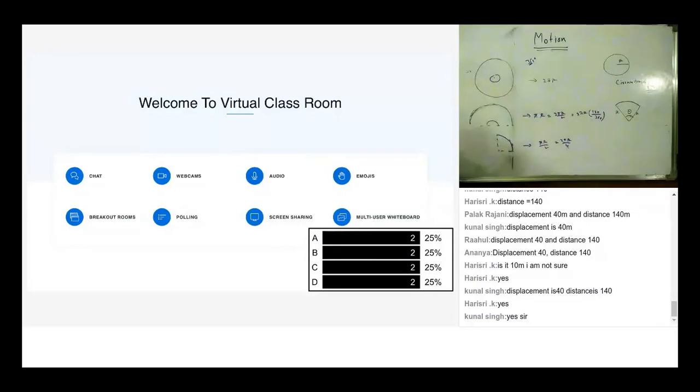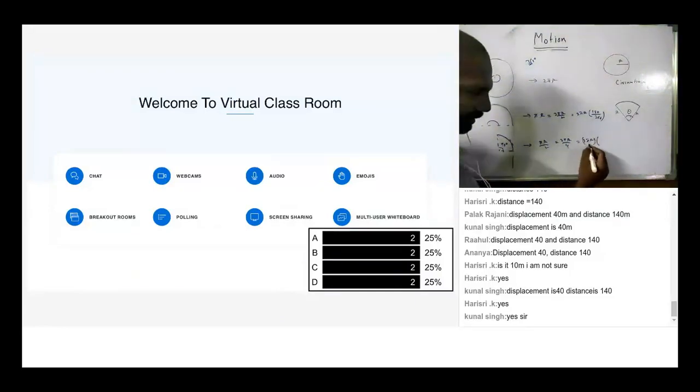Now, for the quarter circle, what is this angle? 90 degrees. So I can write this as 2 pi r into 90 by 360, since 2 pi r is divided into 360 degrees, out of which I want only 90 degrees.